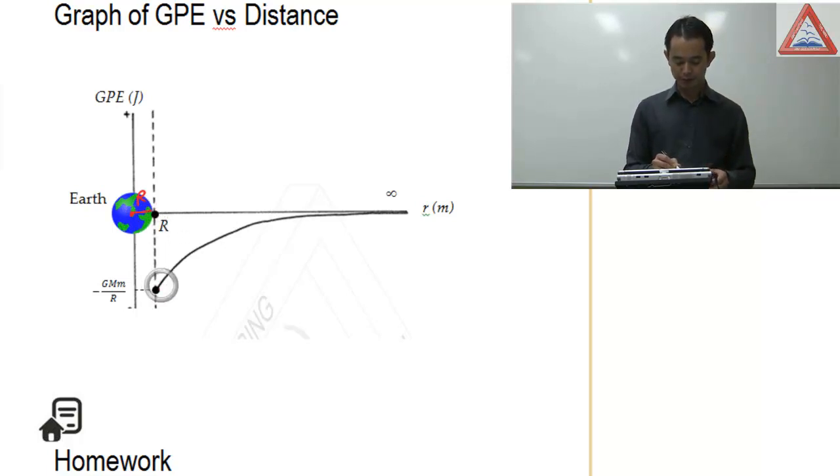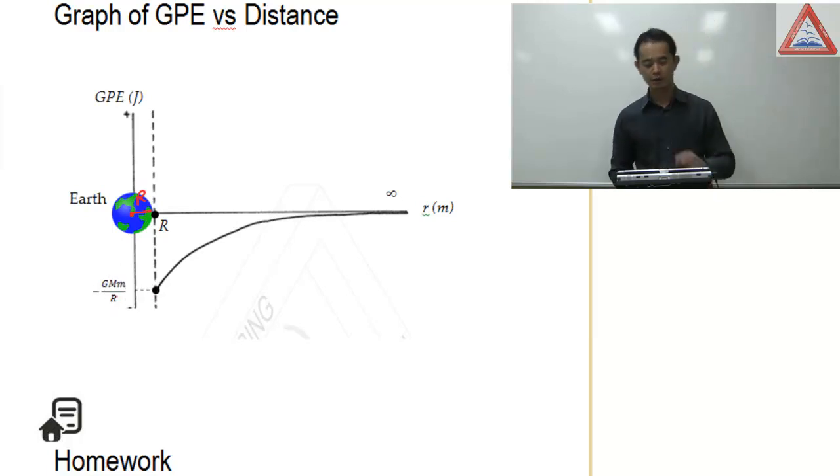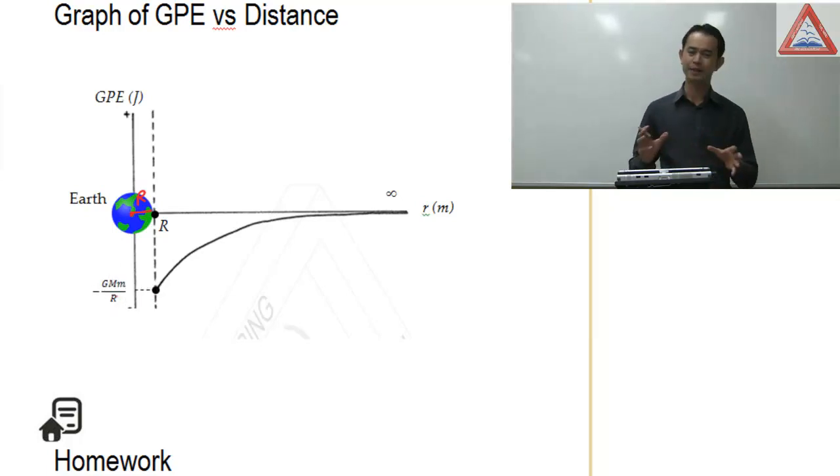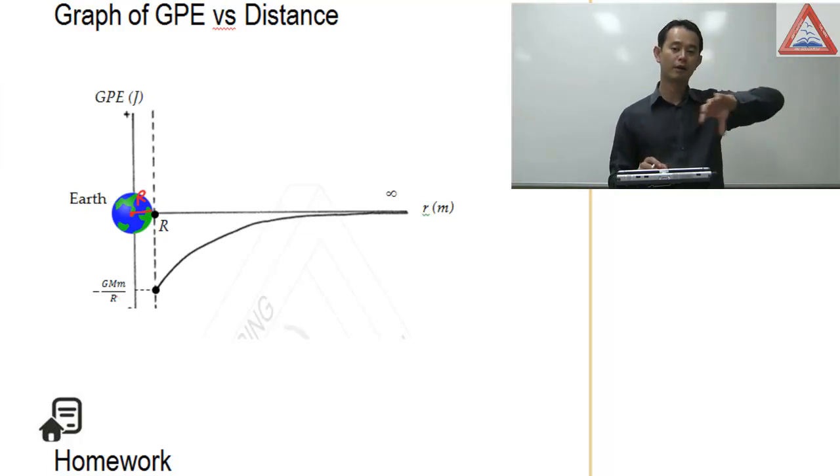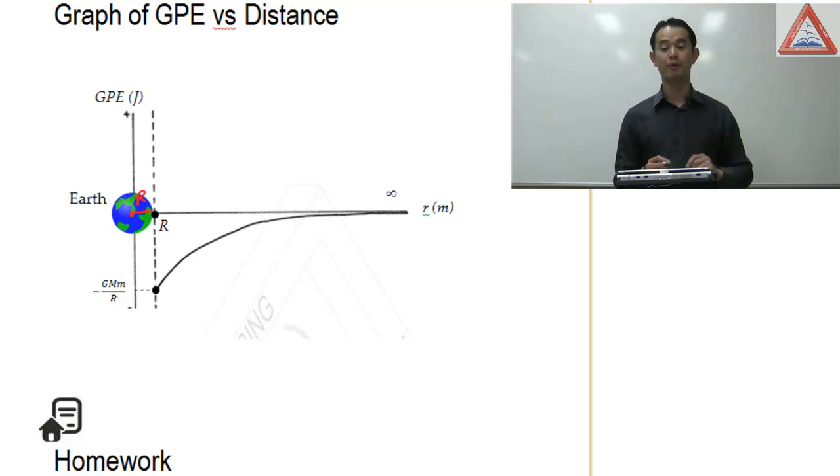At that point, using the formula above, it's minus G big M times little m on little r, but in this case little r is equal to big R, the radius of the Earth. So we can calculate the value of GPE of a body that is resting on the surface of the Earth using that value. I guess it doesn't really make sense if we try to understand the value of GPE of objects inside the Earth at this point.